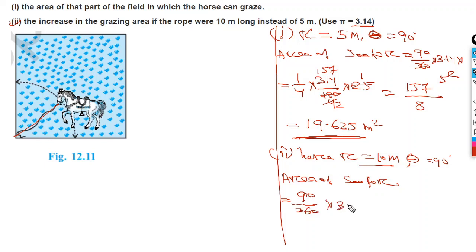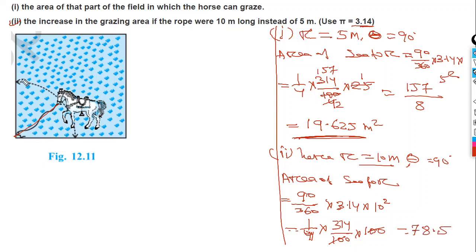Pi is 3.14 into r square is 10 square, which will be equal to 90, you can cancel it, it will be 1 by 4. 1 by 4 into 314 by 100 into 10 square is 100. Now you can cancel the hundreds. Here we have 4. Now you can divide 314 divided by 4, which will be equal to 78.5.